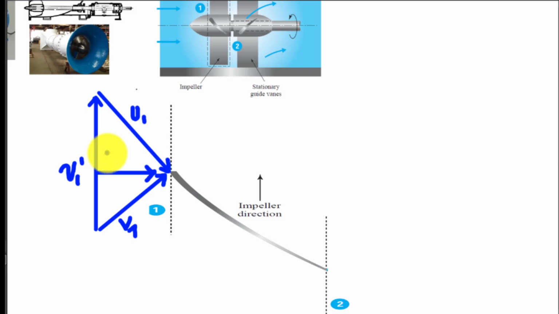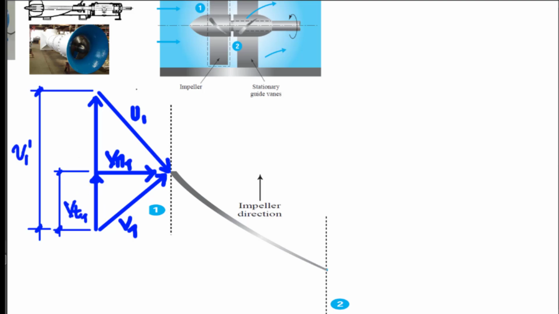Then next we have here the normal velocity Vn sub 1. And then below, this is my tangential velocity component of the fluid. So this is my Vt1. Now the angle between the tangential velocity of the fluid and the absolute velocity of the fluid, we represent as my alpha.